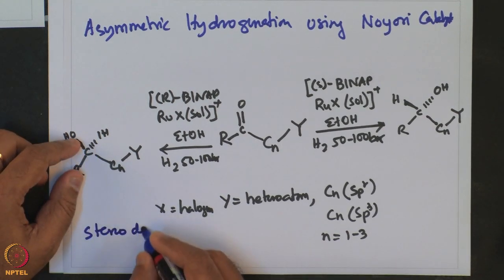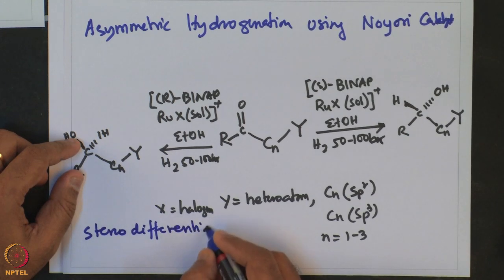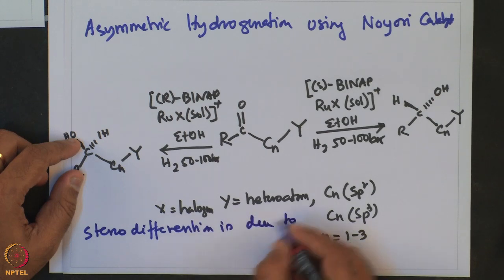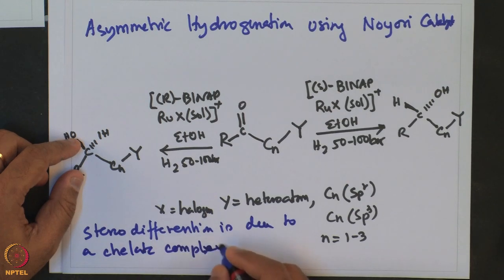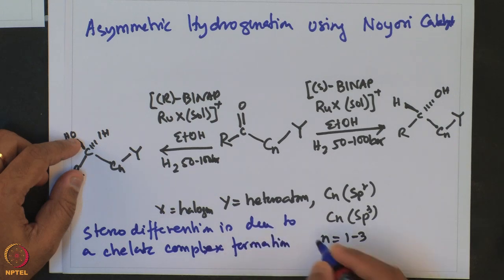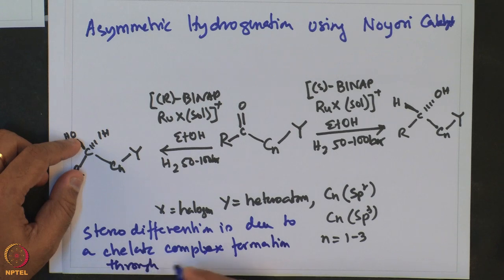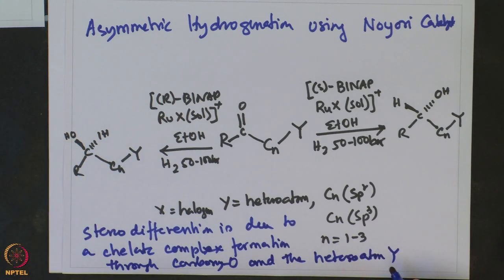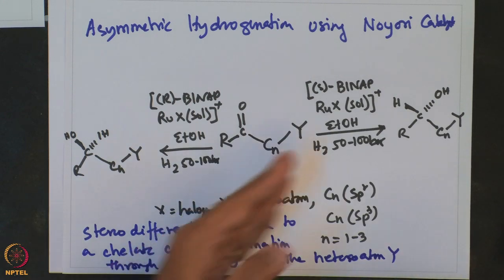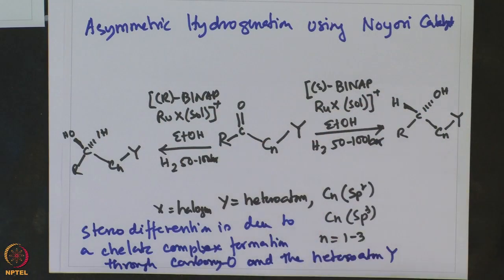Stereo differentiation of the substrate is due to chelate complex formation through the carbonyl oxygen and the heteroatom Y. So, this heteroatom Y is very much required with respect to the binding to the ruthenium; both Y and oxygen bind, and that helps in the chirality transfer.